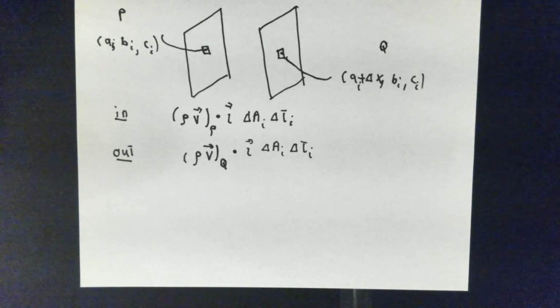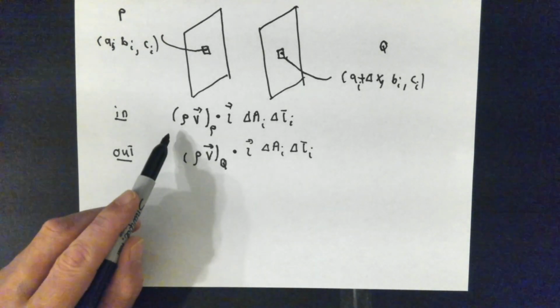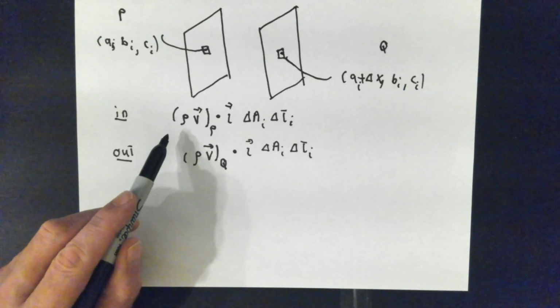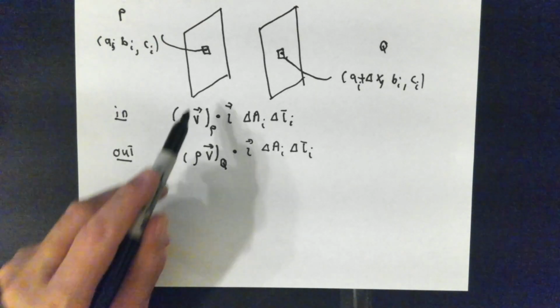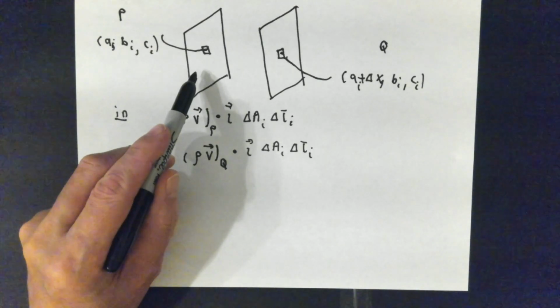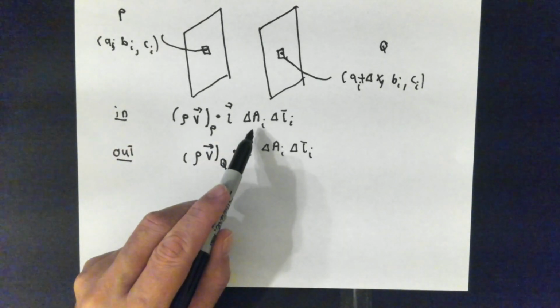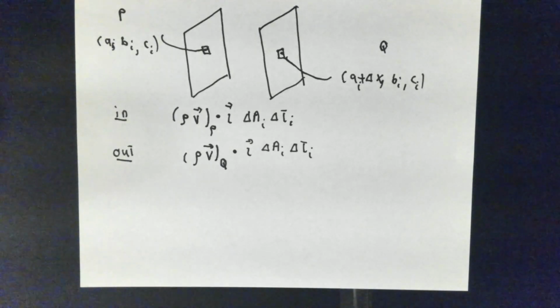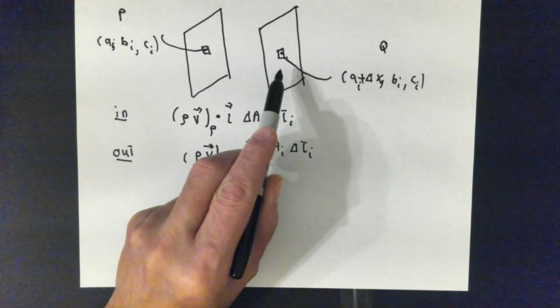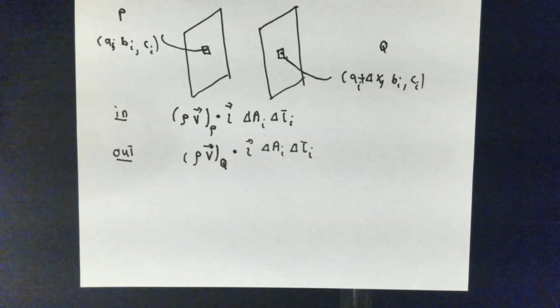In more general situations, the velocity vector itself need not be a constant, but for dust it is. This is the amount of material that flows into the cube through this part of the surface per area per time. Likewise, the amount that flows outward is given by the same kind of quantity, except evaluated at point Q instead of point P.